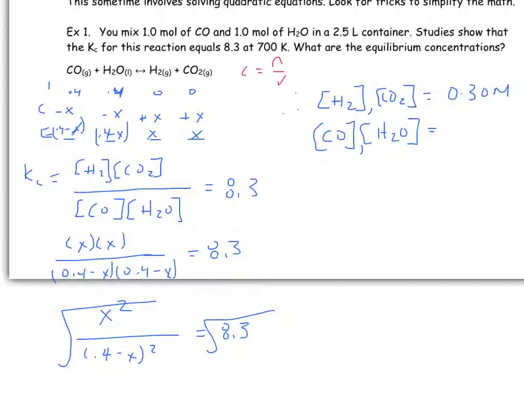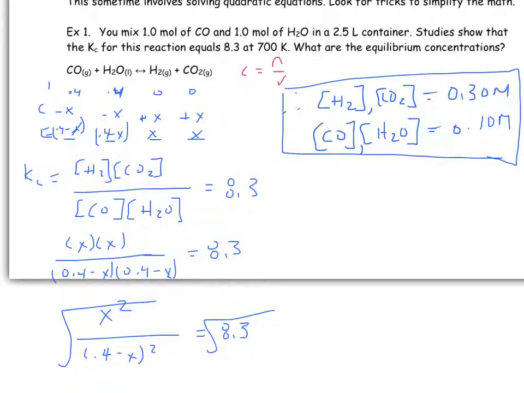So 0.4 minus 0.3 equals 0.1. So by looking up a constant and knowing the initial concentrations, you can calculate all of the concentrations at equilibrium for your system.